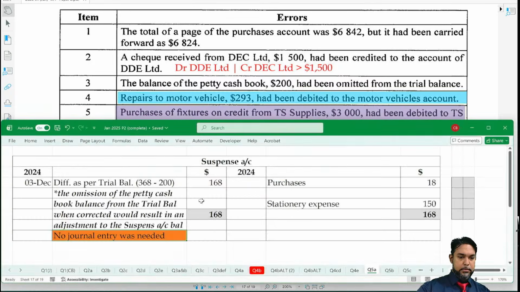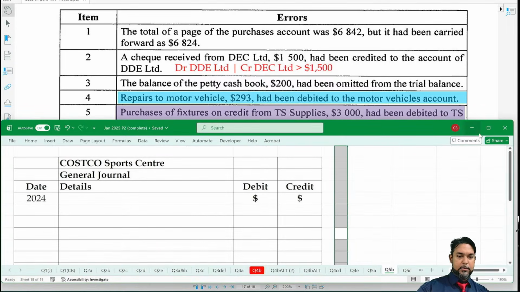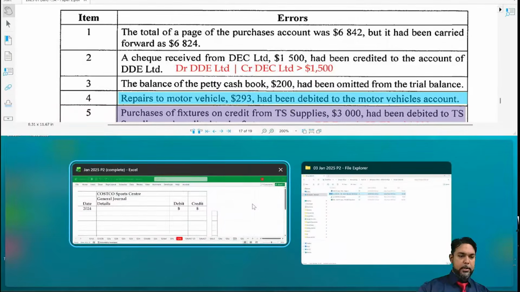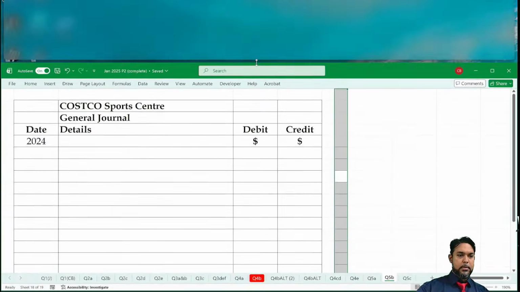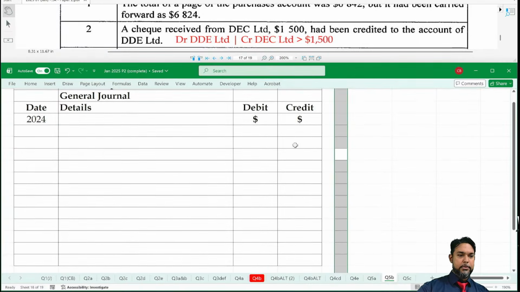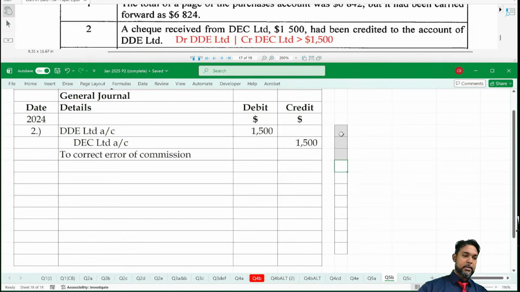Cool. So this one. Oh, right. So this push up here. So in the first instance, we're gonna debit DDE and credit DEC to correct an error of commission, right?